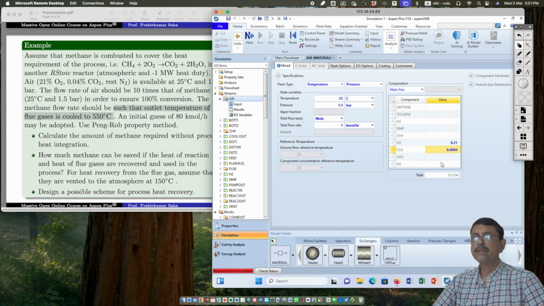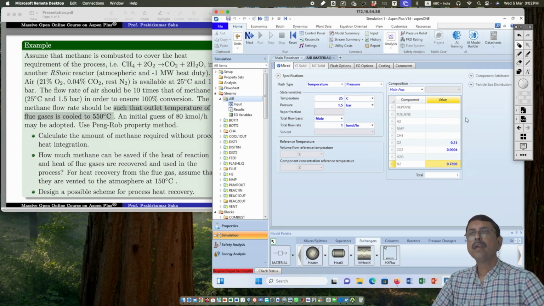So nitrogen will be 0.7896. Yeah. Now it is done. So total mole fraction is 1. Now I have given a dummy variable, but we have to use a calculator block where the flow rate of air should be specified as 10 times the flow rate of methane.